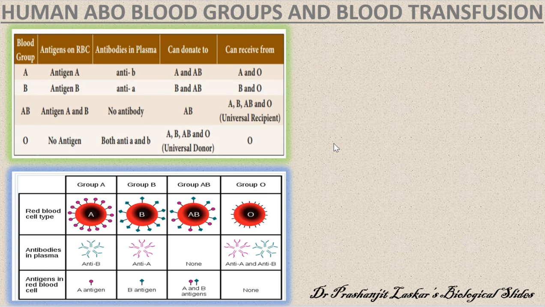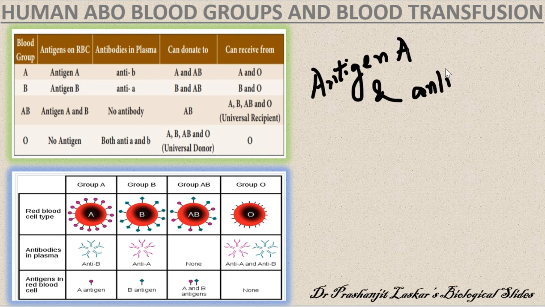Antigen A and antibody A are incompatible. Similarly, antigen B and antibody B are also incompatible. Antigen A and antibody A, I'm writing here anti-A, are incompatible.